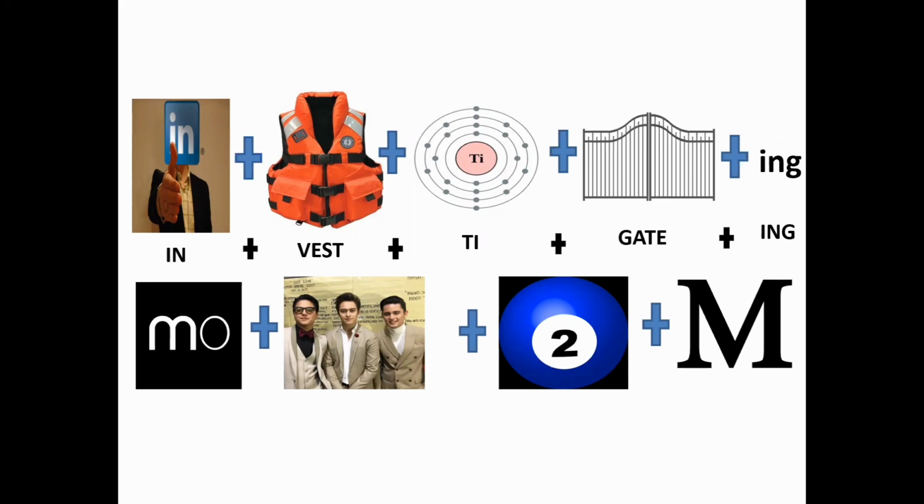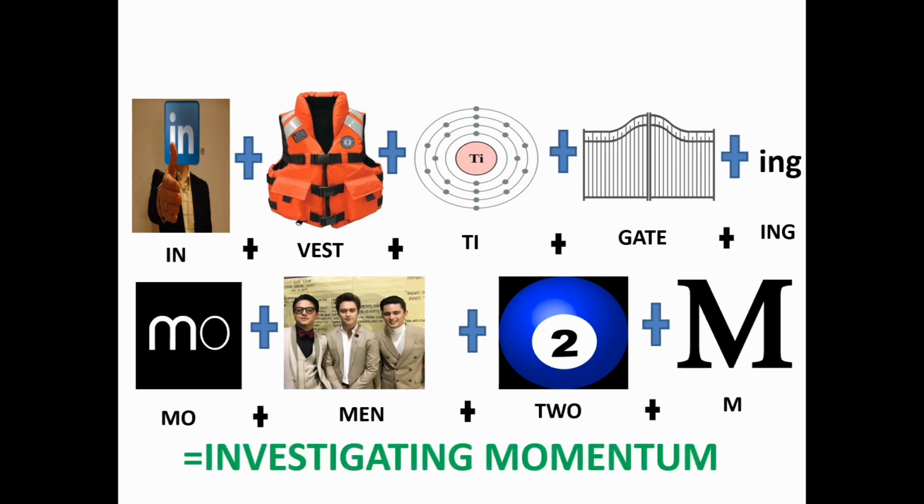So that's the first word. For the second word, this is mo plus men plus number 2, and you add another m. We will have investigating momentum. So our lesson for today is all about momentum.